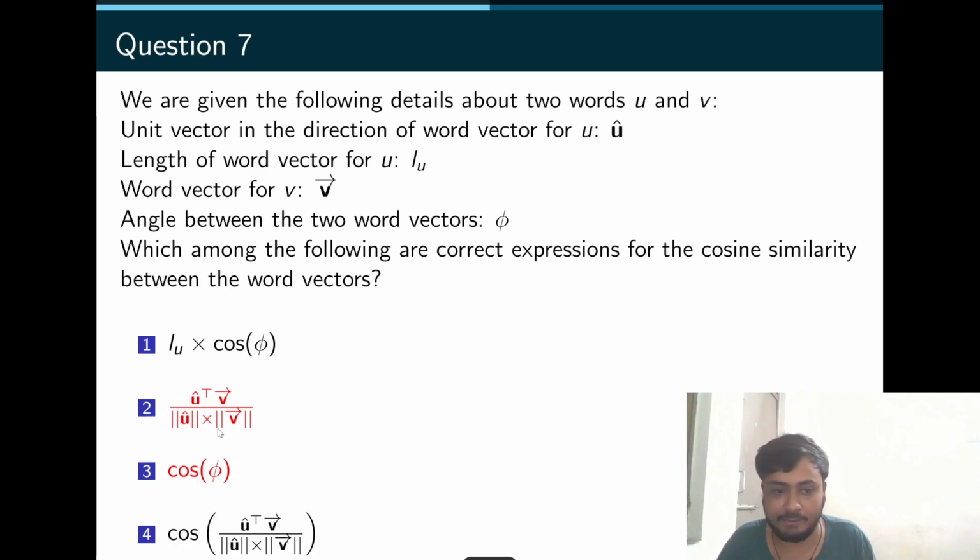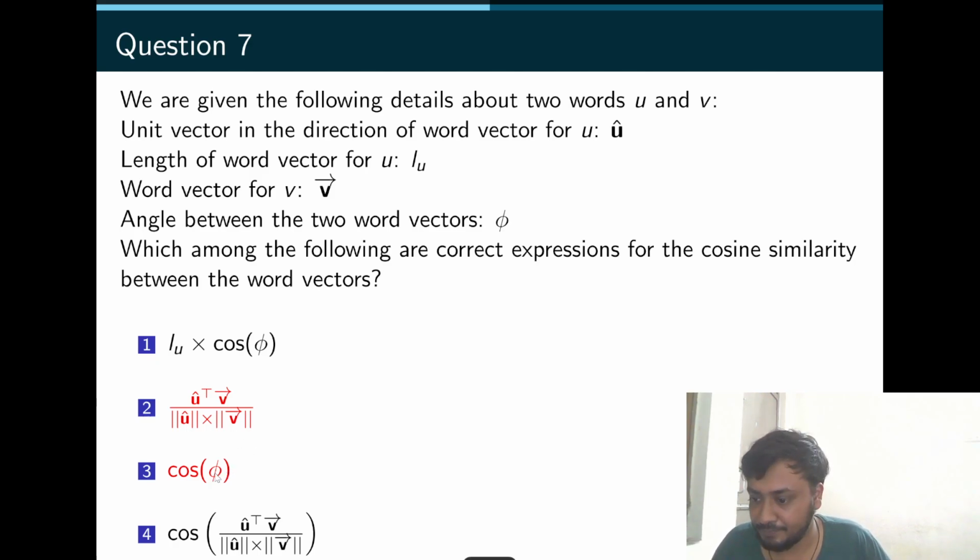That is the cosine similarity. Forget about unit vectors and all that: just take the two word vectors W1 and W2, calculate their dot product and divide by the product of their lengths. That is the formula for cosine similarity.